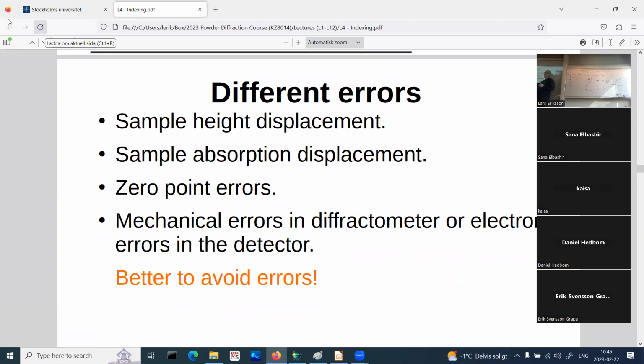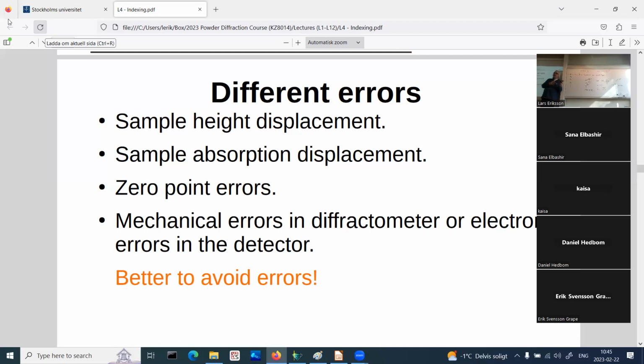You could have zero point errors, mechanical zero point errors from the diffractometer, which need to be calibrated so that when it says that this angle is 10.23 degrees, then it is actually 10.23 and not 10.25, unless you want to allow for large error limits. One can say that if you have too large error limits, then maybe you have low accuracy in your peak positions.